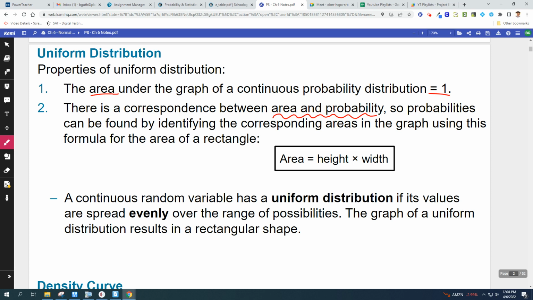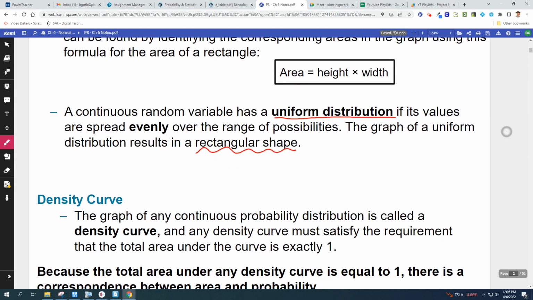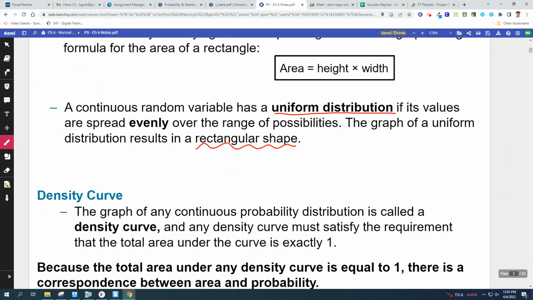So when we're talking about a uniform distribution, the values are spread evenly over the range, and so the graph makes a rectangular shape. So if I drew out the density curve, it's not actually a curve. Every single value is going to be the same, so it's going to form a rectangle.